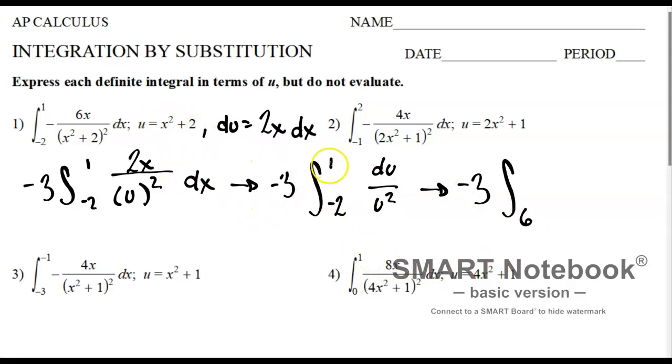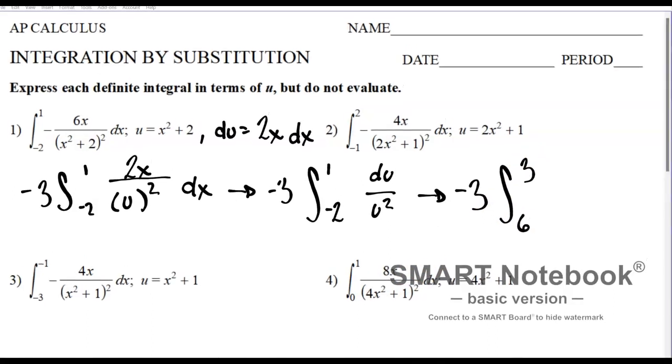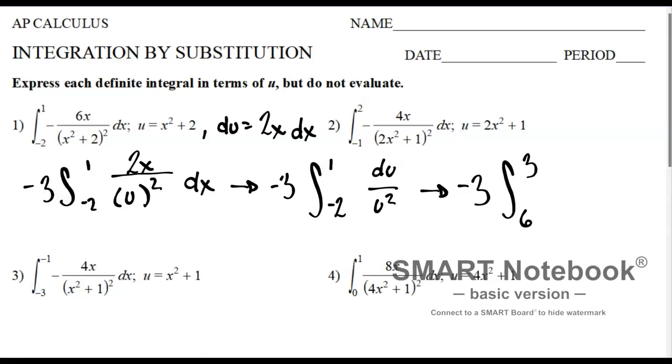Let's take this guy and plug him in here. 1 squared plus 2 is 3. I can't access certain menu items, that's fine. So we've done this part.